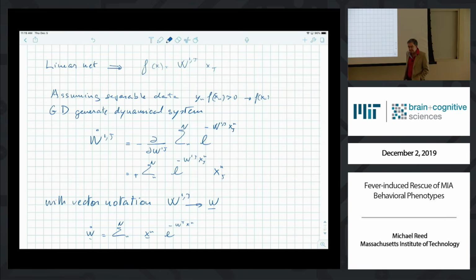Why do you consider this dynamical system? Well, this is what happens if I train a linear network on that kind of loss. This is just an example. Yes, I'm considering what is called gradient flow, the continuous version of gradient descent.